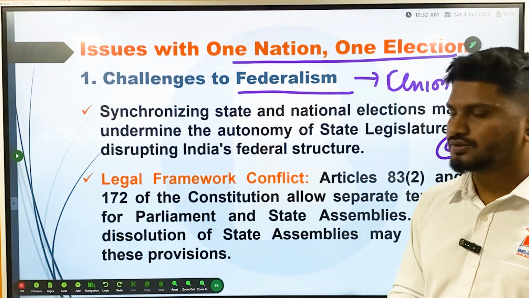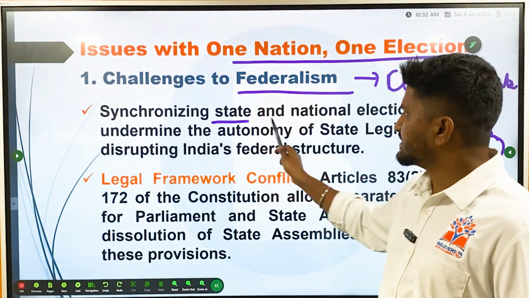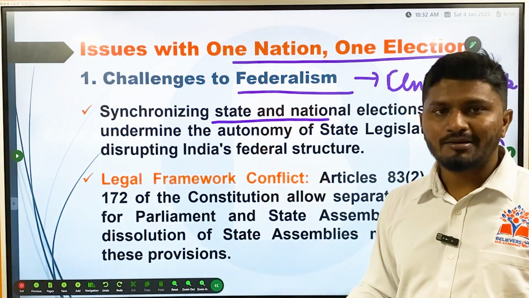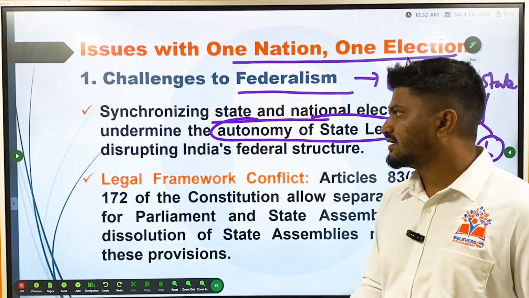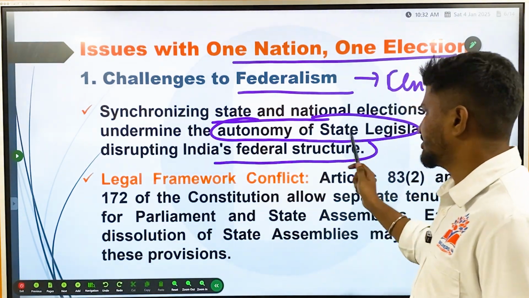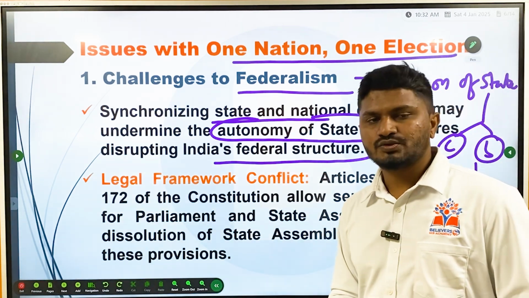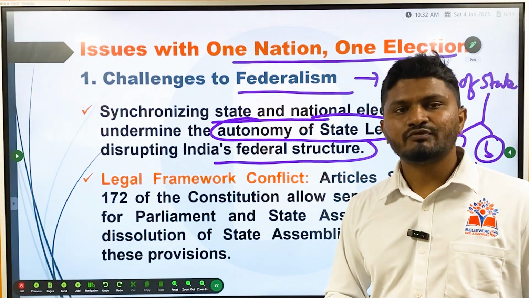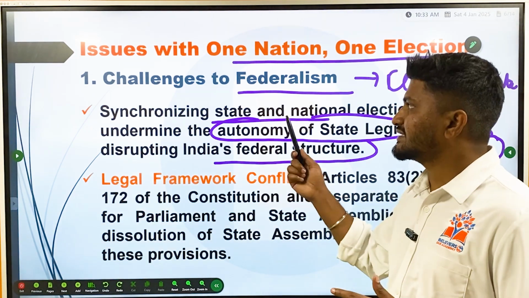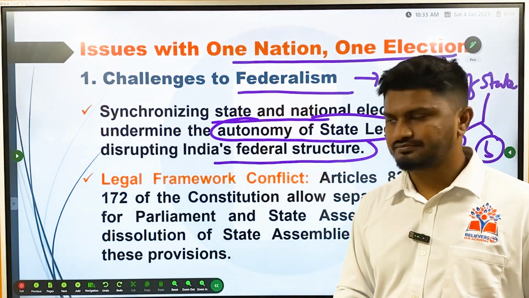So synchronizing the state and national elections may undermine the autonomy of the state legislatures, disrupting India's federal structure. Okay, so it is going to undermine federalism. That is why most of the state governments with opposition parties are against this One Nation, One Election.